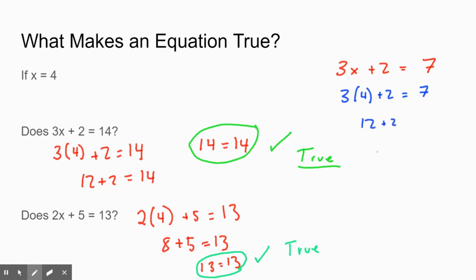We already did this. 12 plus 2 is 14. Does 14 equal 7? No. So for this equation, this is going to be false. So sometimes they can be false. I didn't end up showing that on either of the two examples that I wanted to, but you get the idea.